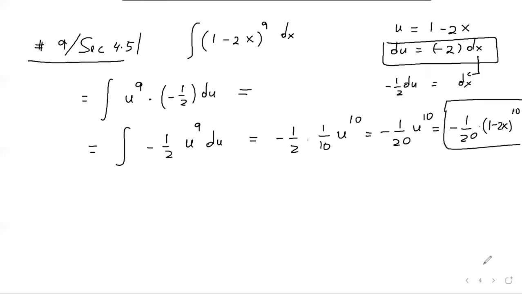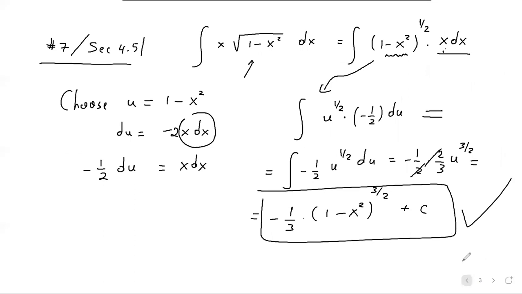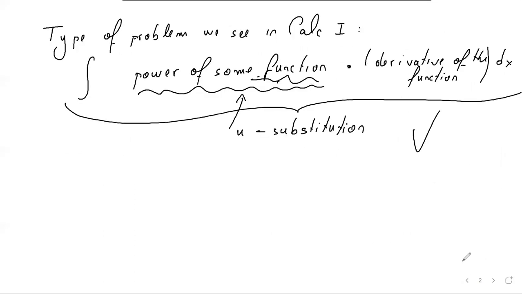So again, keep in mind, this is the power times the derivative. That's the thing that you really have to keep in mind. Do I notice a power? Do I notice a derivative? Well, that's the case of a substitution if that's my antiderivative.